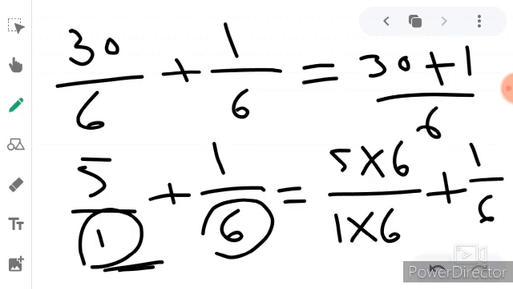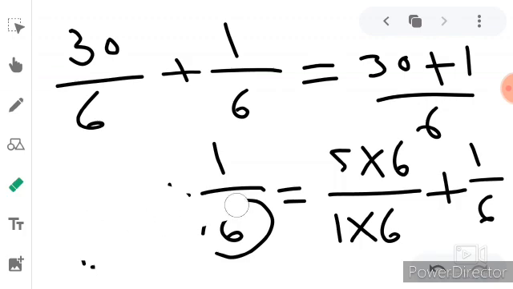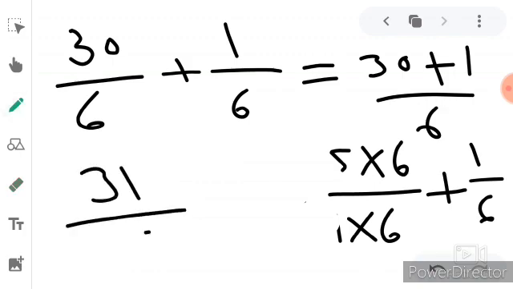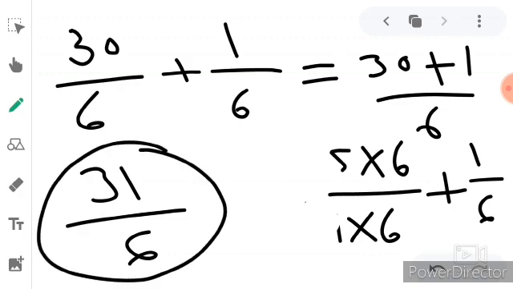Now 30 upon 6, 30 plus 1 upon 6 means 31 upon 6. This is your improper fraction.